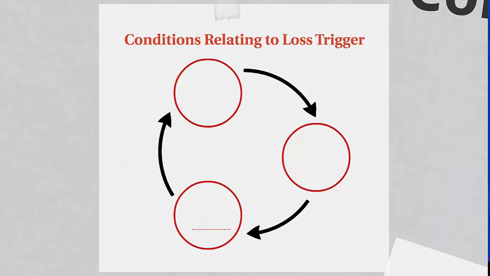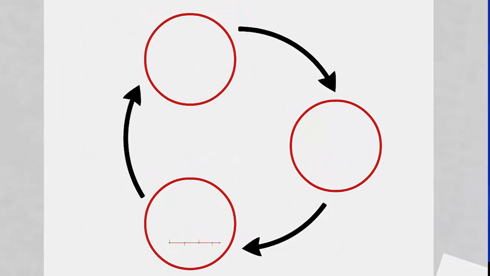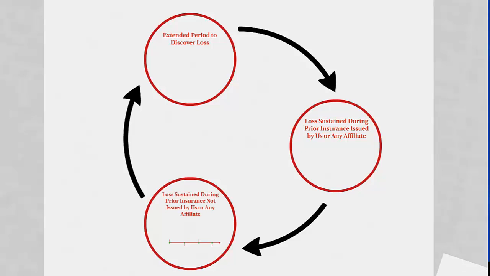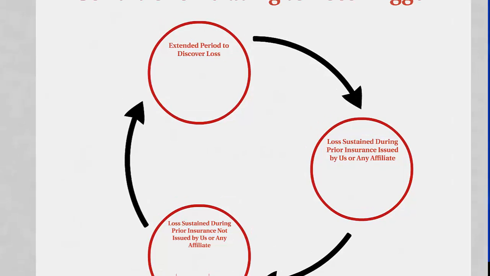But let's return to our discussion of the loss trigger. All three of these conditions I'm about to discuss pertain to the loss trigger. They are the extended period to discover loss, the loss sustained during prior insurance issued by us or any affiliate, and the loss sustained during prior insurance not issued by us or any affiliate.